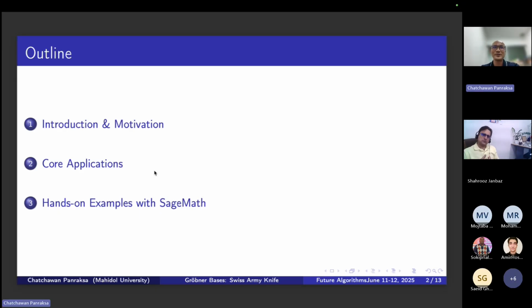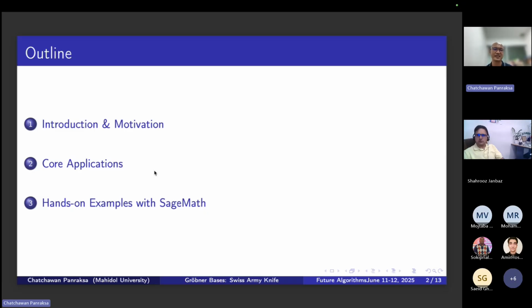So we will start with understanding what Gröbner bases actually are and why you should care. Then we will dive into the core applications. We will get our hands dirty with real examples using SageMath. But I think you can use any math software like Mathematica or even Python itself.